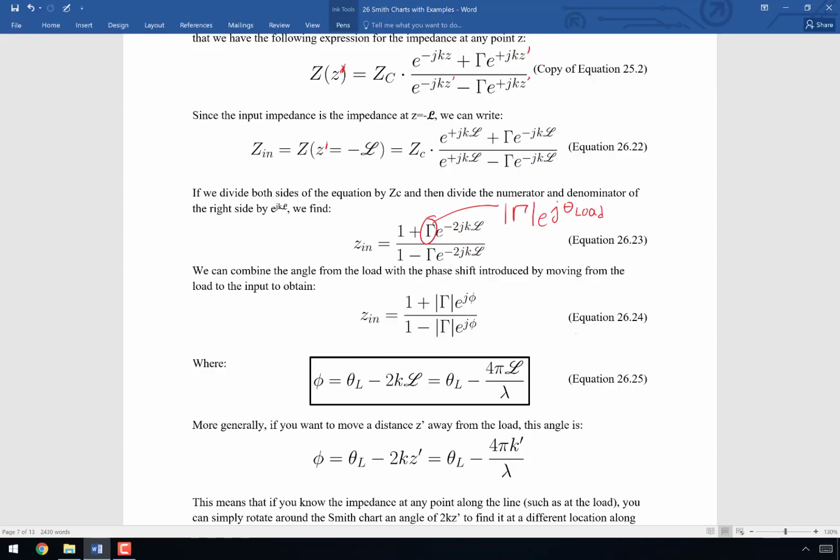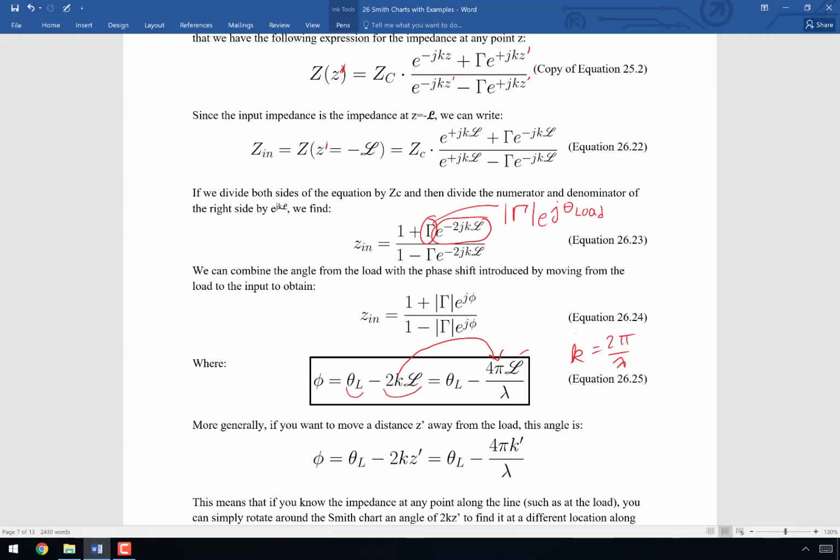But then what is interesting is that we then pick up this extra e to the minus 2jk times L. And so we have theta of the load minus 2k times L. That's going to be the phase angle. But 2k is 2 pi divided by lambda. I'm sorry, k equals 2 pi divided by lambda. So that's where the 2k becomes 4 pi divided by lambda.